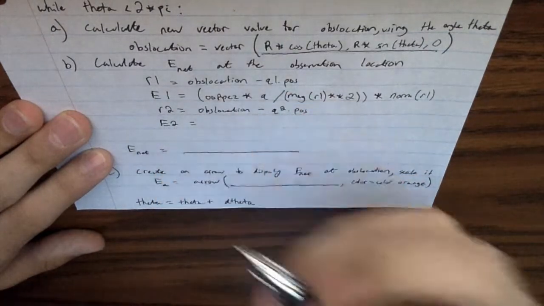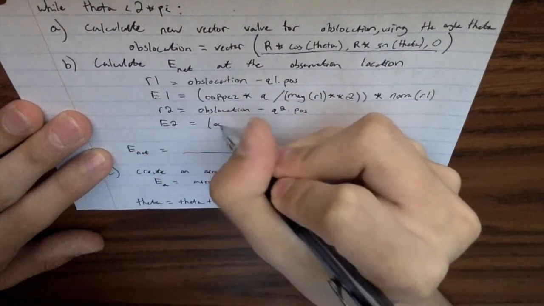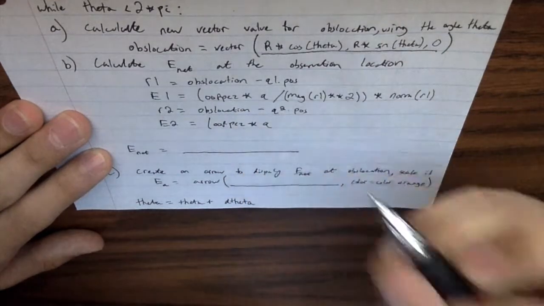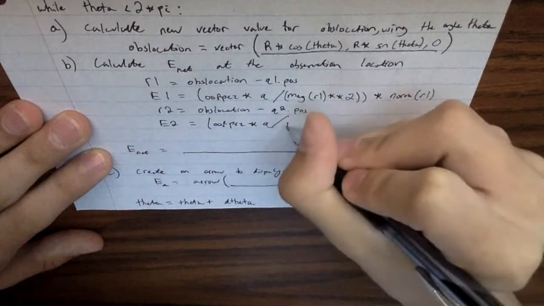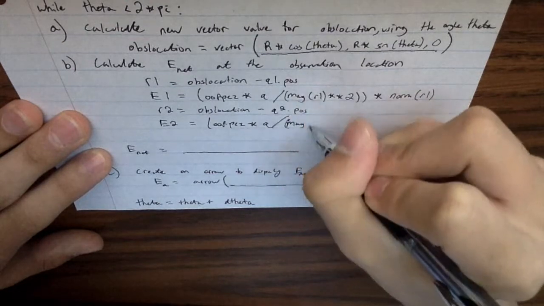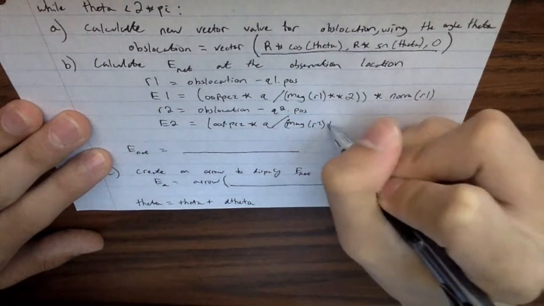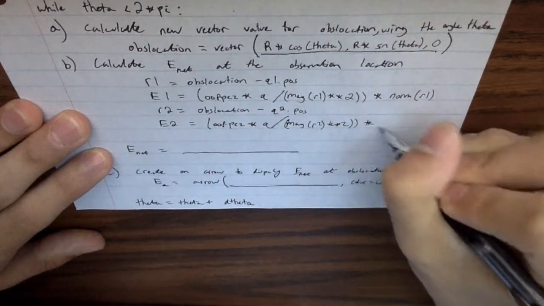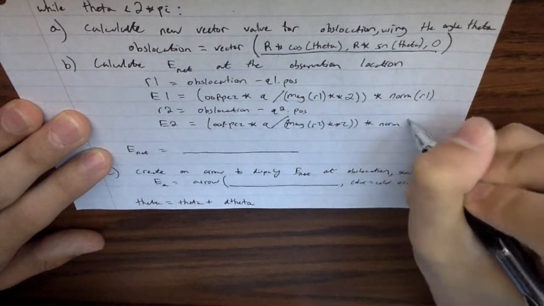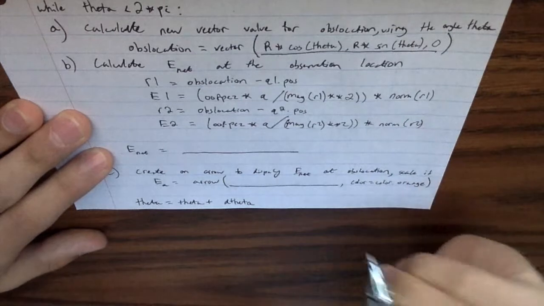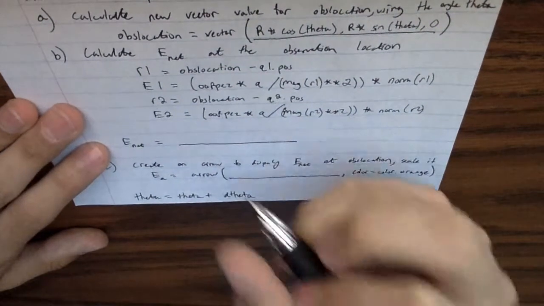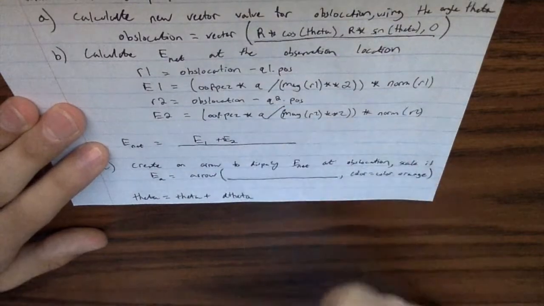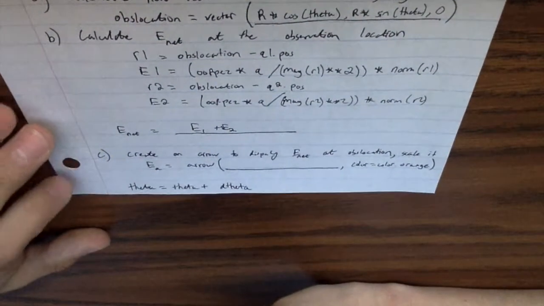E2 is now UFPES times Q, because Q doesn't change, over mag of R2 squared, and again times R hat, which is norm of R2. So now the total E net is simply E1 plus E2, and that's the blank they're asking us to fill in.